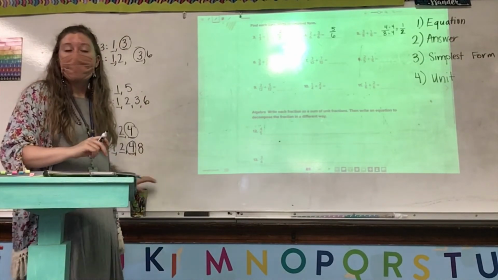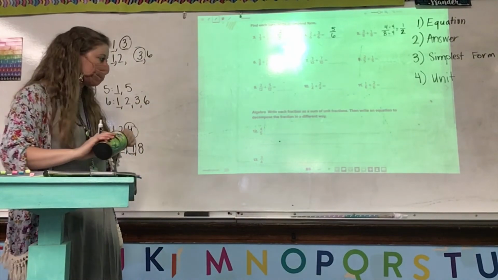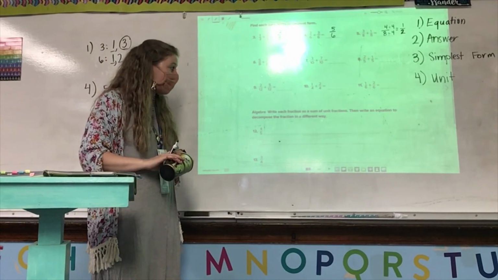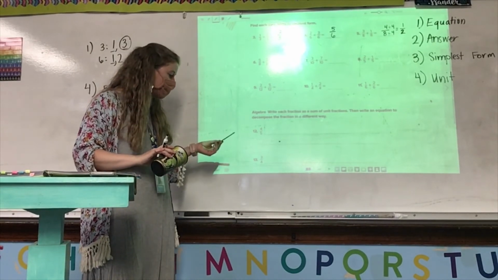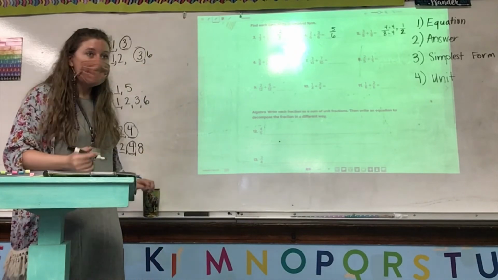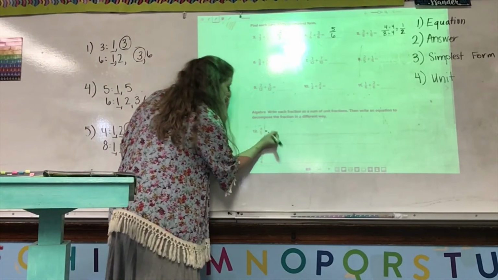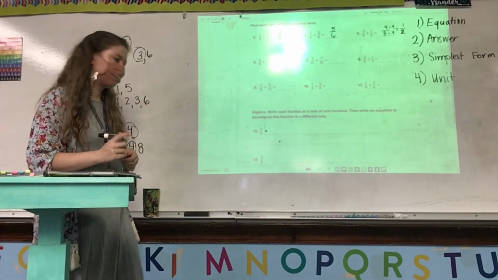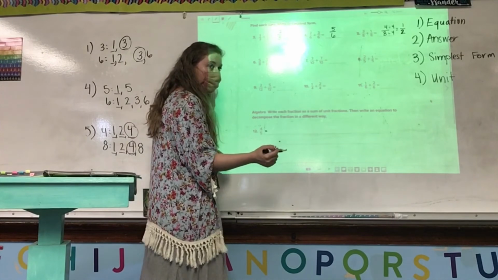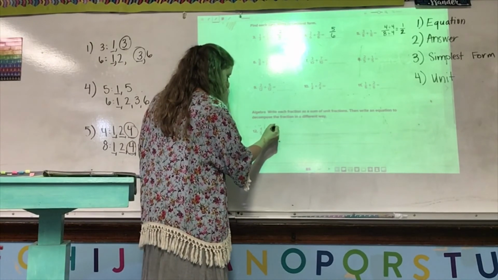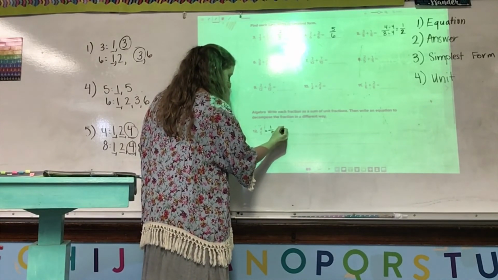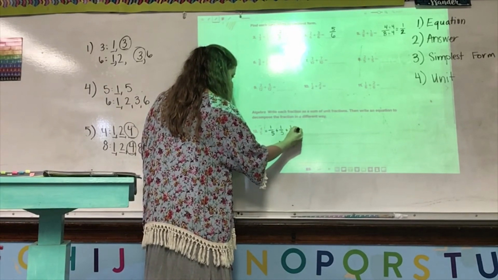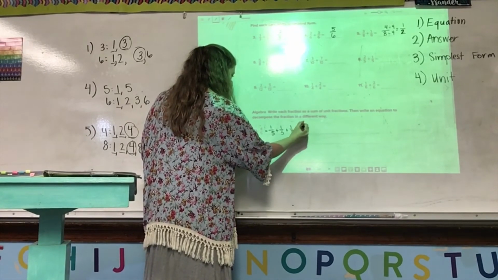Let's do number 12, then I will answer questions. Number 12, the directions say write each fraction as a sum of unit fractions. Then write an equation to decompose the fraction in a different way. So first we have to take 4/5 and write it as a sum of unit fractions. What does that look like? 1/5 plus 1/5 plus 1/5 plus 1/5.